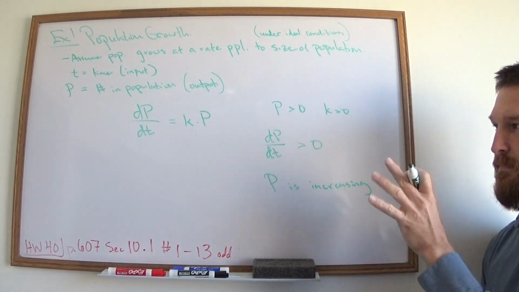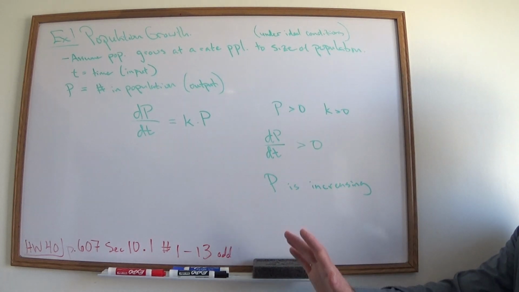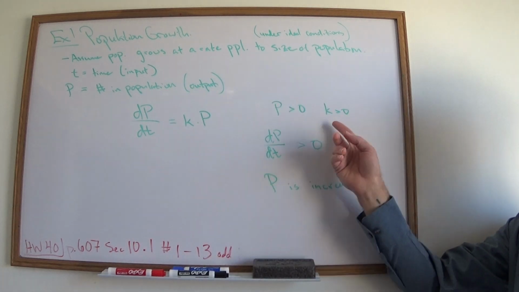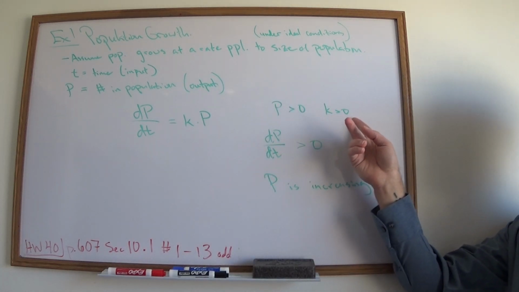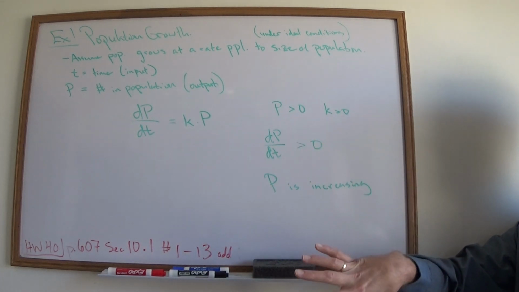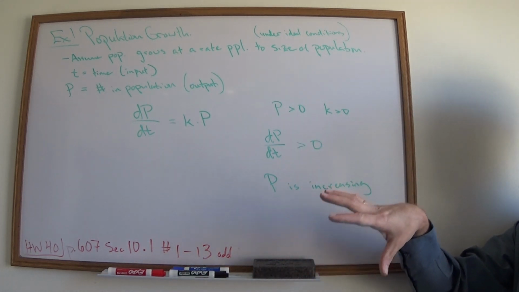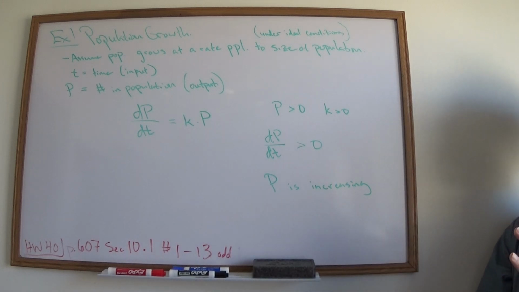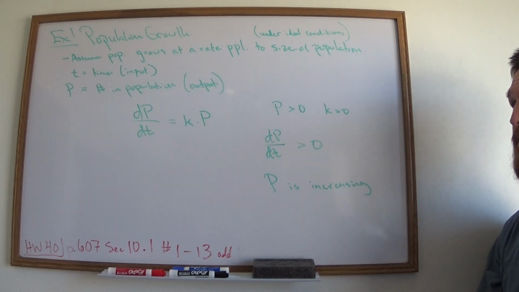So this model says that if p is positive, and k is a constant, and right now I'm assuming it's positive. I could have assumed it's negative, but then we'd be talking about, I guess, some dying population. Maybe you have a dying population, that's what you're trying to model.